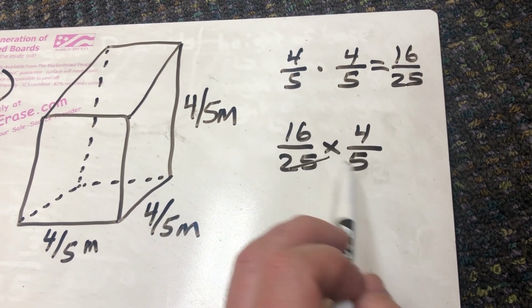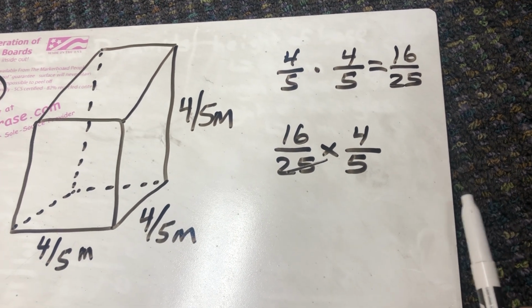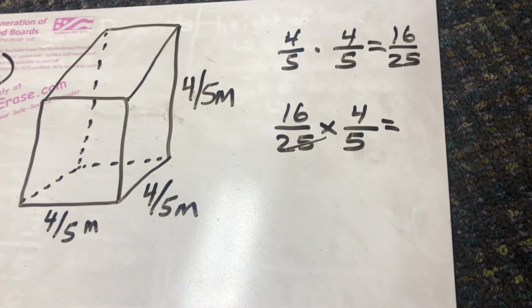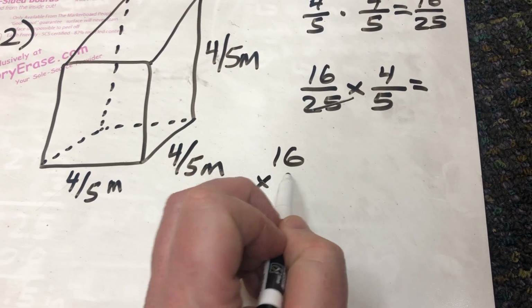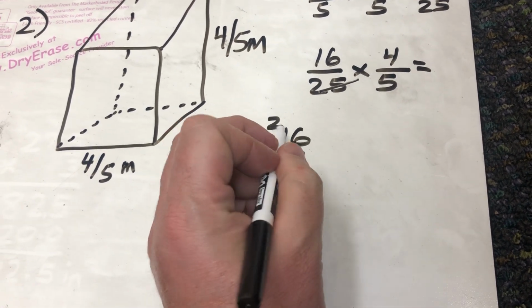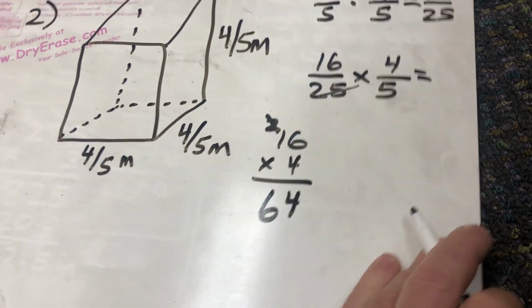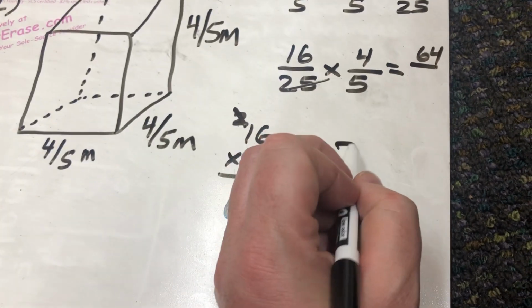I cannot cross-check a 5 and a 16. Nothing besides 1 can go into both 5 and 16. So I'm just going to have to go ahead and multiply. Might need to do a little bit of scratch work. 16 times 4. Well, 4 times 6 is 24. Put the 4 down, carry the 2. 4 times 1 is 4, plus 2 is 6. That gives me 64. 25 times 5.